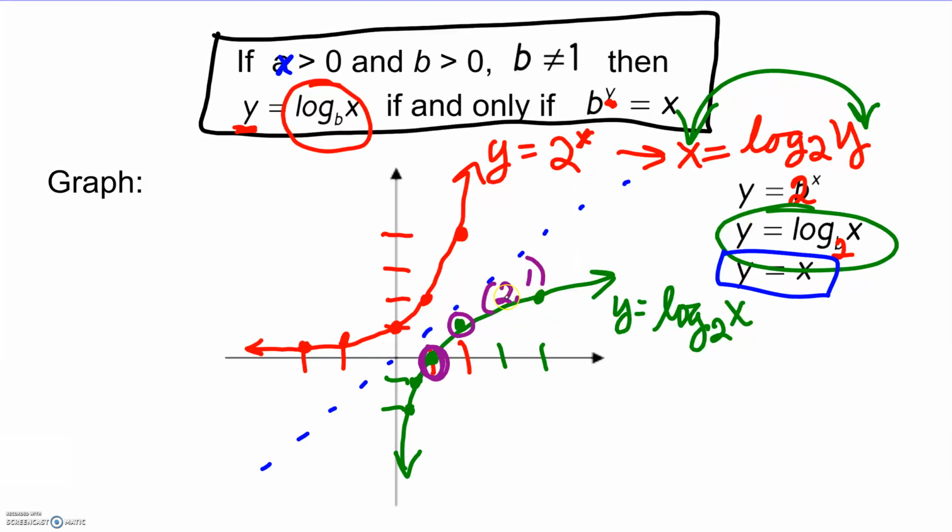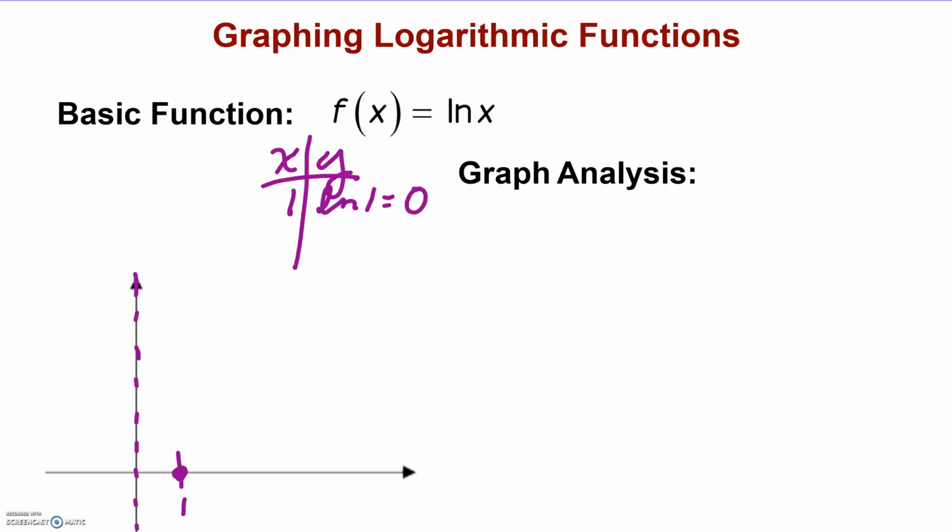For natural log, we will not have (2, 1), but we will have the point (e, 1), because the natural log of e is equal to 1. The base and this number match, and so e to the first power is equal to 1.